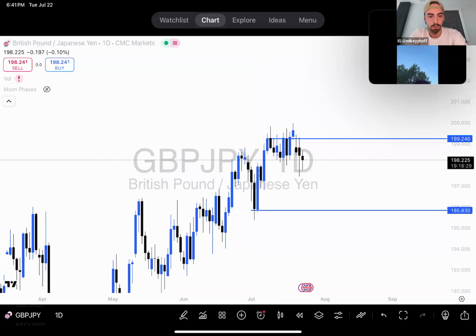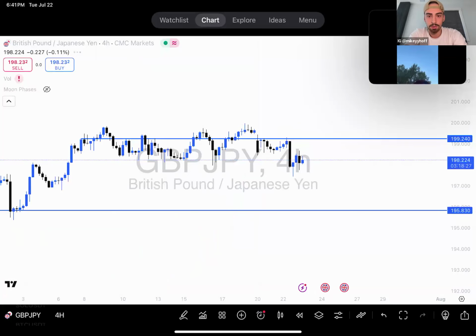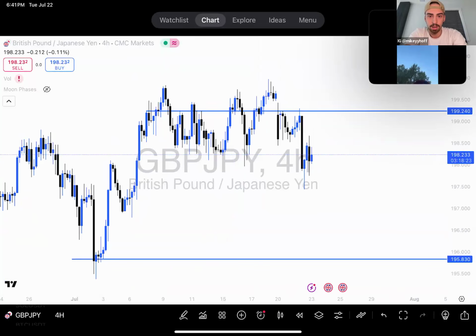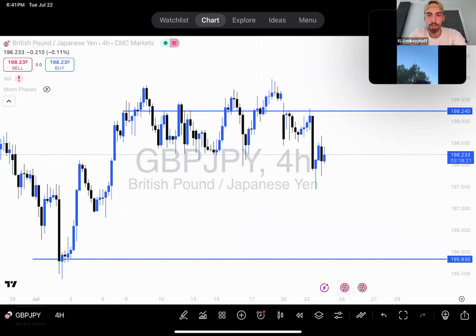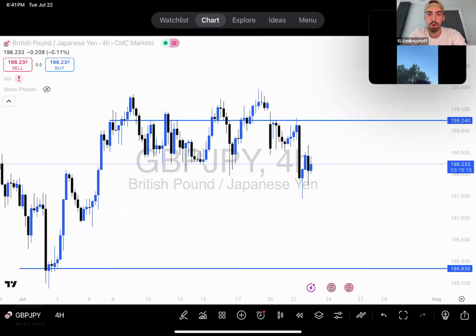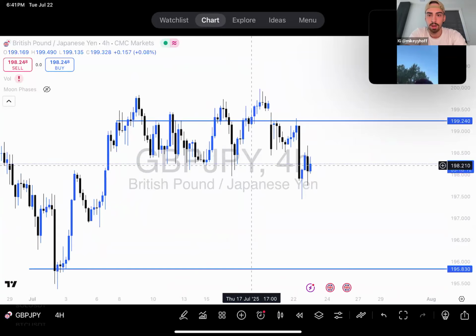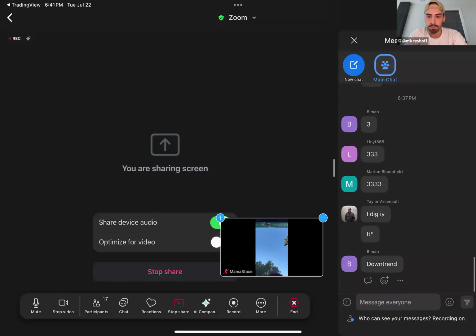We'll go down to the 4 hour chart. And now looking at this data, which trend is this market moving in? We can see we have lots of different highs and lows, but which way do you guys think this market is moving in before we mark it up?